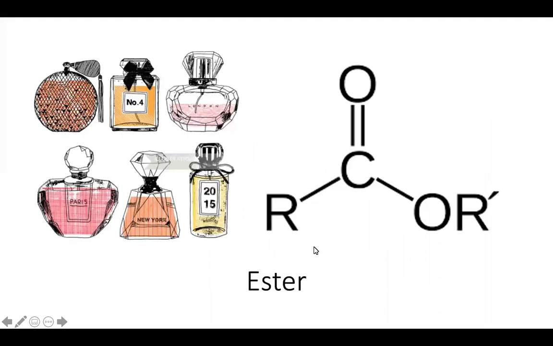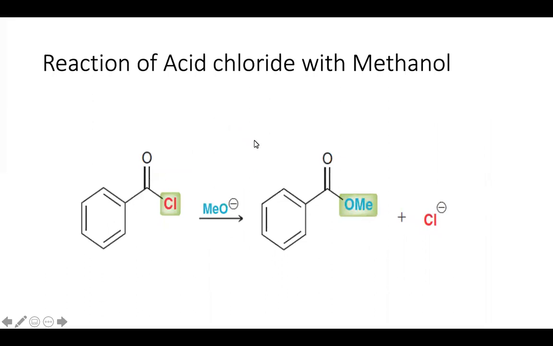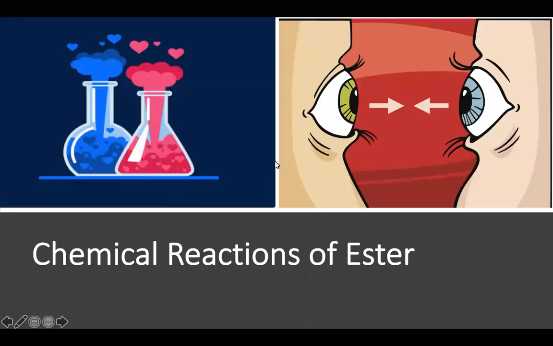Ester. So how do we make ester, the perfumes? First, we can use acid chloride to react with methanol to get the ester. This methanol could be changed to other types of alcohol depending on what type of ester you would like to make. Chemical reactions of ester.